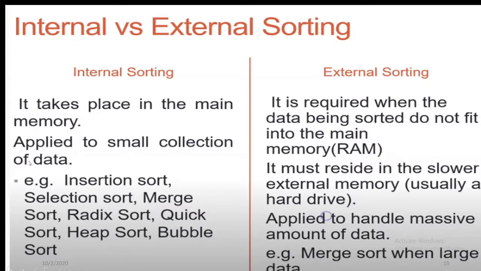It is applied to larger collections of data, which must reside in slower external memory, usually a hard drive. Examples of internal sorting are insertion sort, selection sort, merge sort, radix sort, quick sort, heap sort and bubble sort. But external sorting is merge sort when the data is large. I hope you get it.